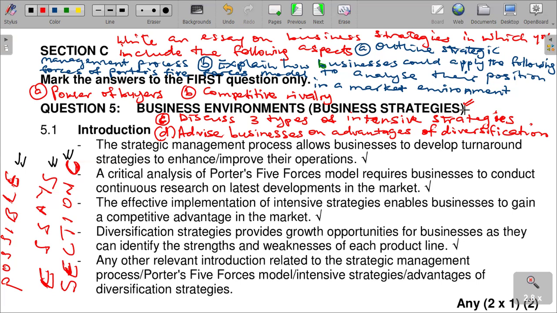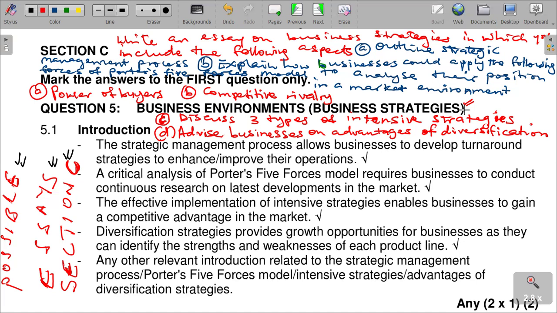C. Discuss three types of intensive strategies. And part D of the essay is saying, advise businesses on advantages of diversification.